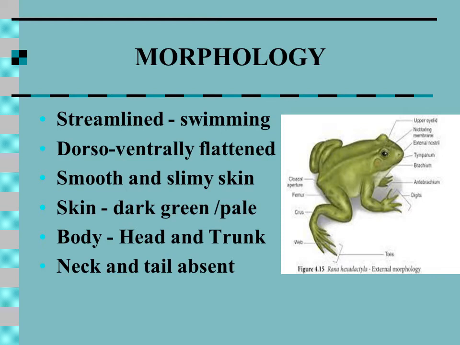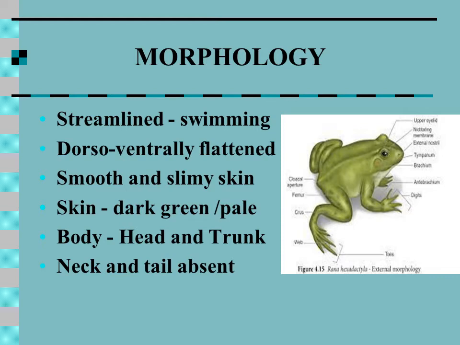Then the body is dorso-ventrally flat, so the dorsal side and the ventral side are flat. And the body is covered with smooth and slimy skin. If we touch this frog, we can understand it has very smooth and slimy skin, which is attached to the body wall.